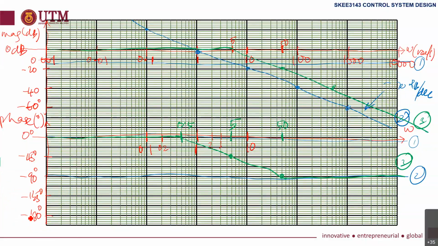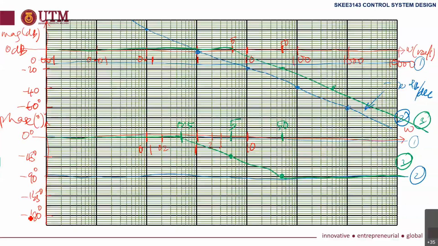Remember that this is log, because in log we actually multiply all the poles if we have, and multiply all the zeros. In this case, no zero. Therefore, because of log, if we multiply, then we add.